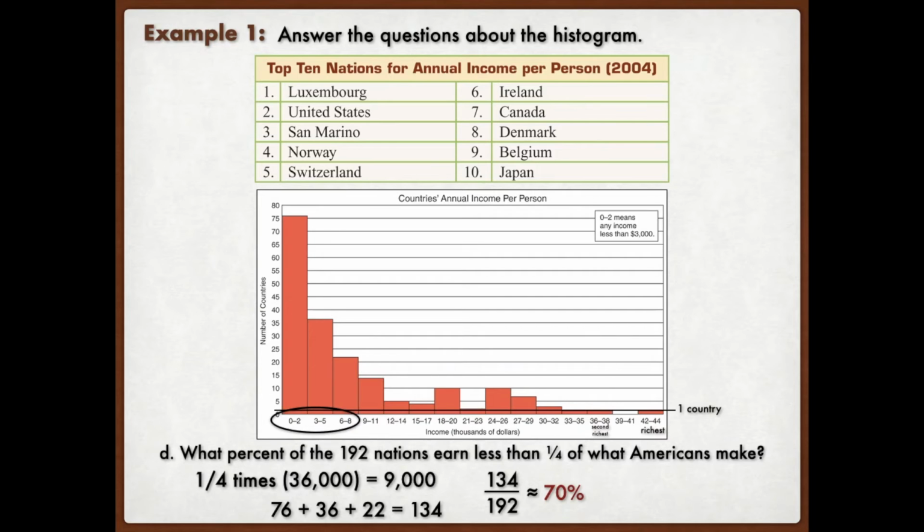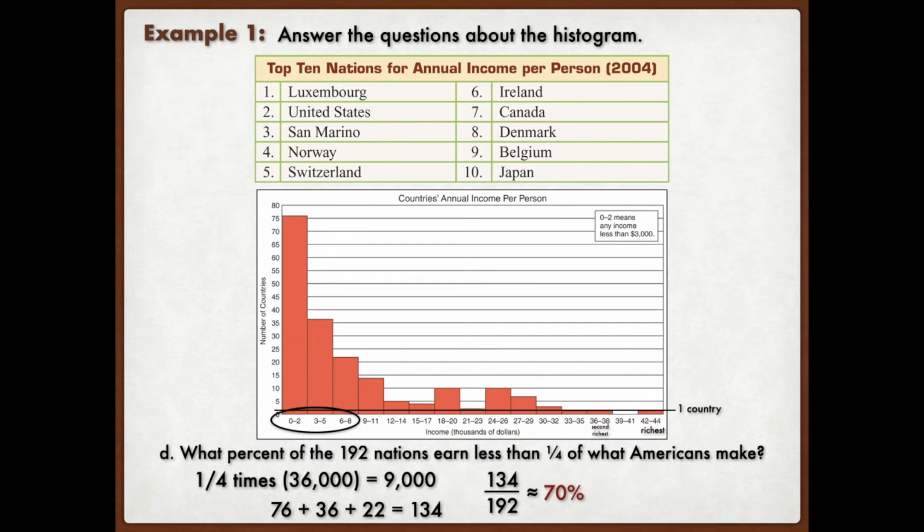And that's going to give me 0.7. And remember, if I want to turn that into a percentage, I move the decimal place 2 places over, and that's 70% of the nations are earning less than 1/4 of what the U.S. makes. So let me just go back and review.